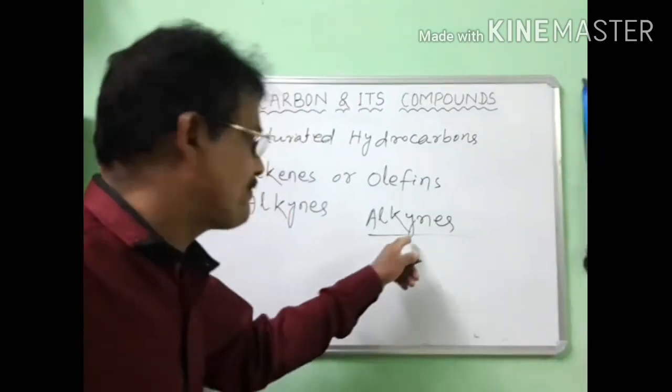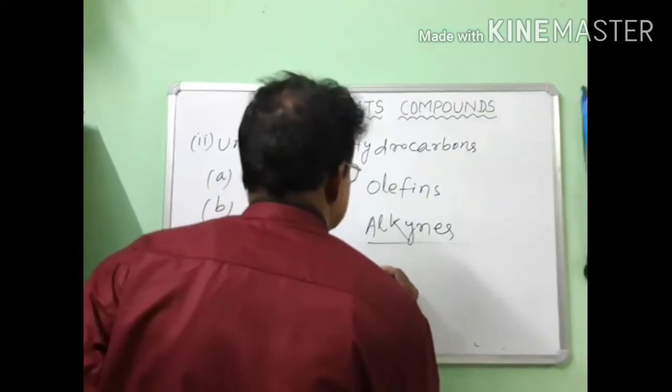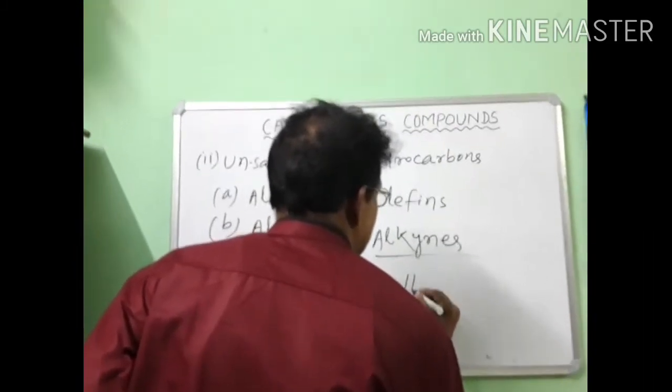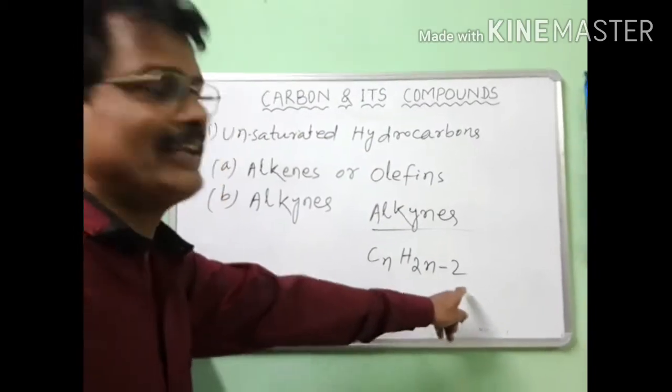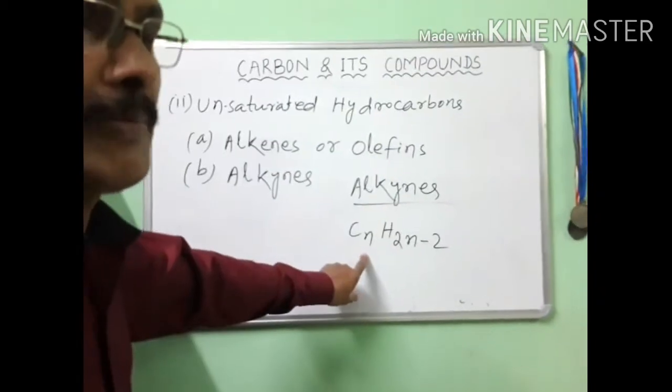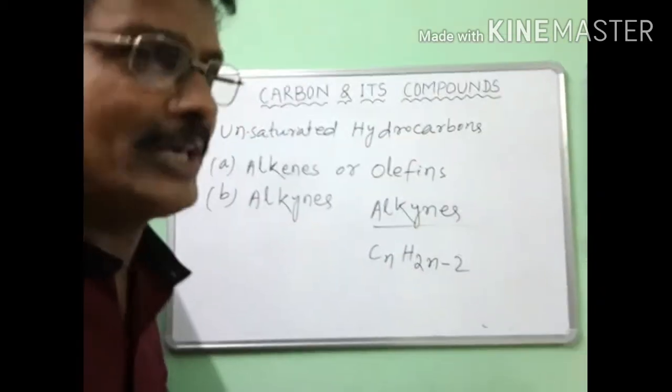The general formula for alkynes is CnH2n minus 2, where n is the number of carbon atoms present in the compound.